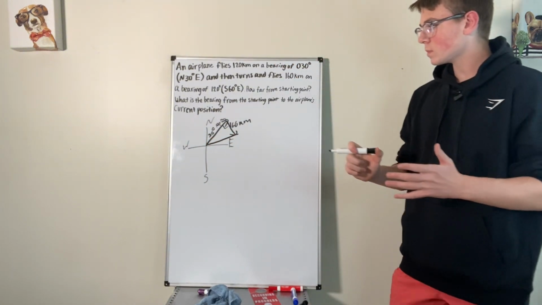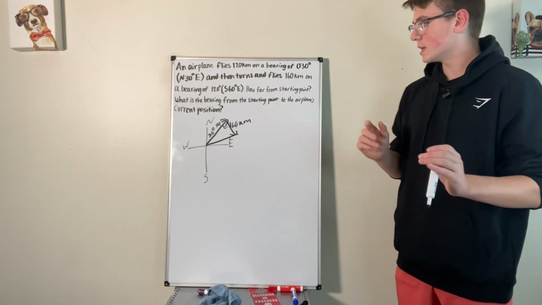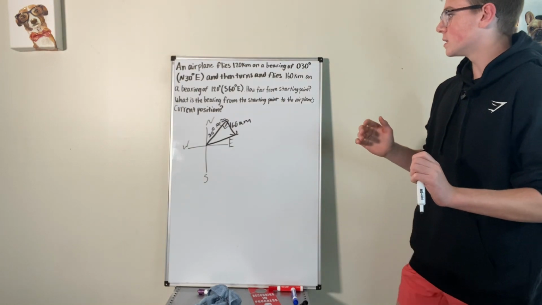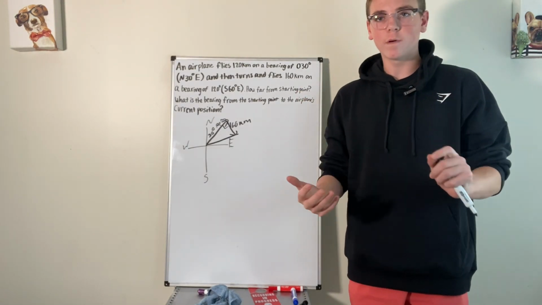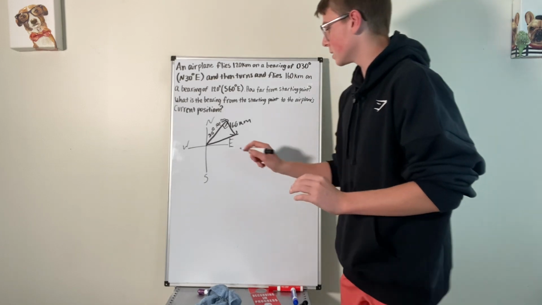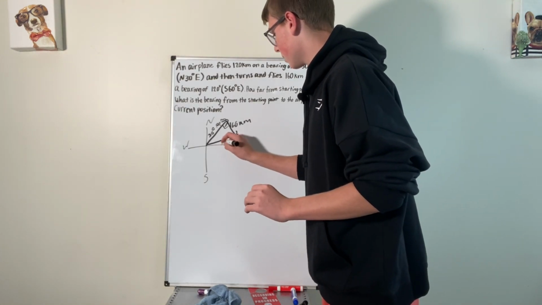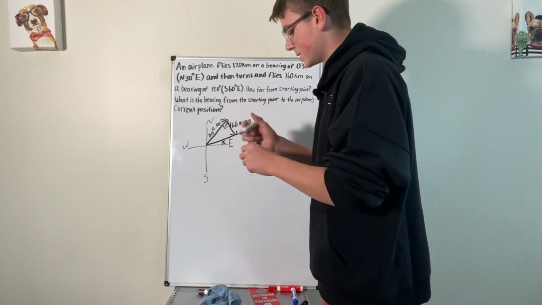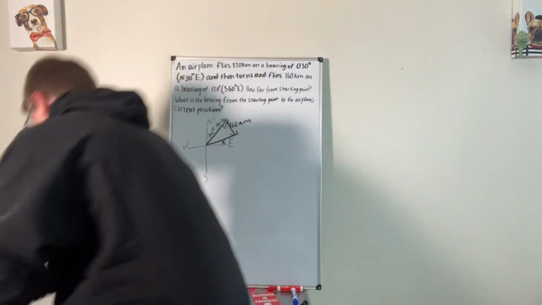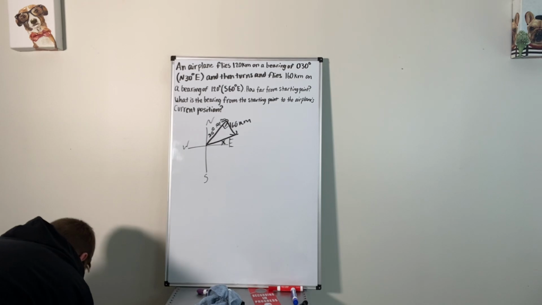Okay, so what this is asking for is, first of all, how far from the starting point is this, right? So we just have x here, this side, the missing side is x. So let me grab a calculator.